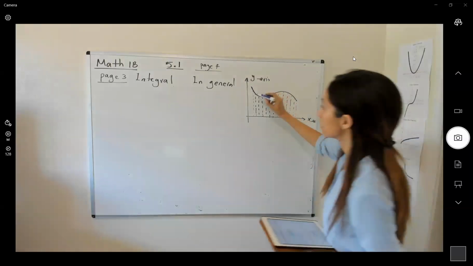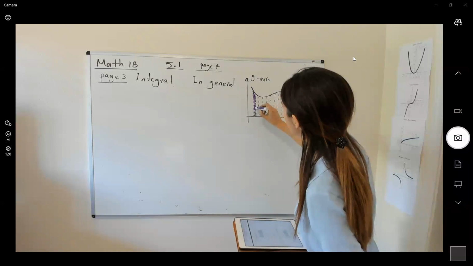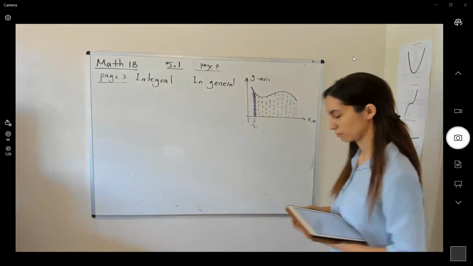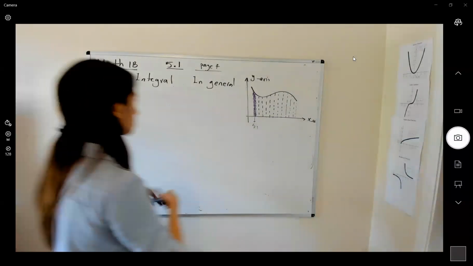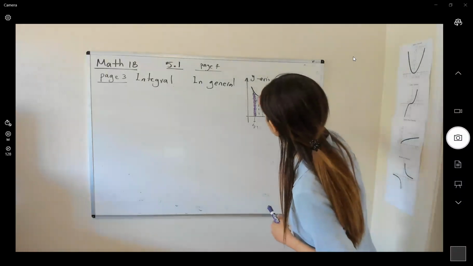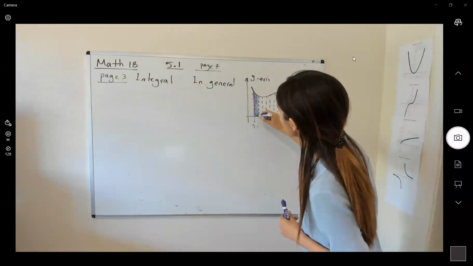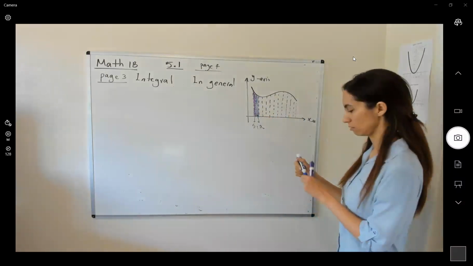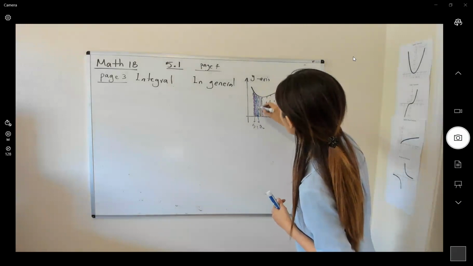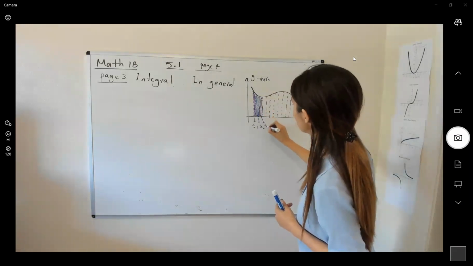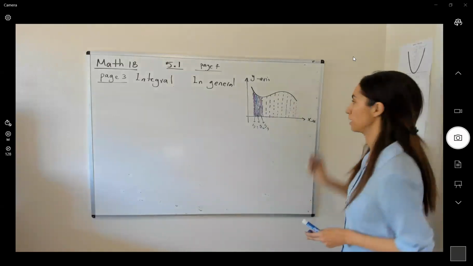We take each of these areas, S1. So this is your S1. This is the second area, S2. You have a lot of these little areas, S2, then S3, S4, S5, S6, and S_n eventually.